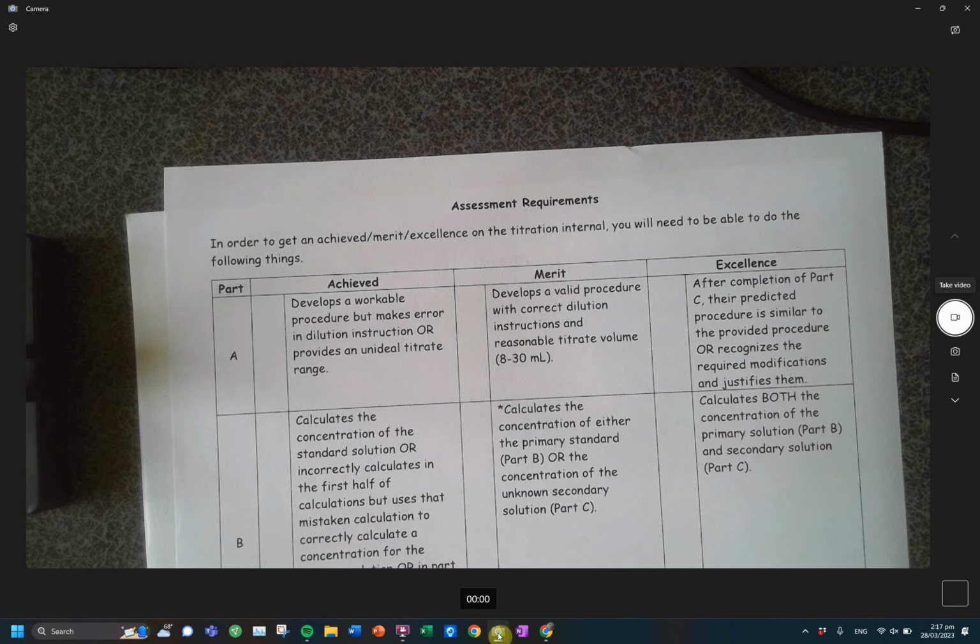Second thing is that I will assess it in different sections, so that way it's a little bit easier and you guys don't have to remember everything all at once. So I've broken up the assessment. Just like with some of the other marking schedules, your grade is more or less determined on the lowest section for the titration assessment.